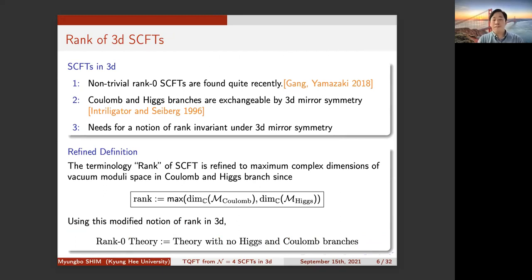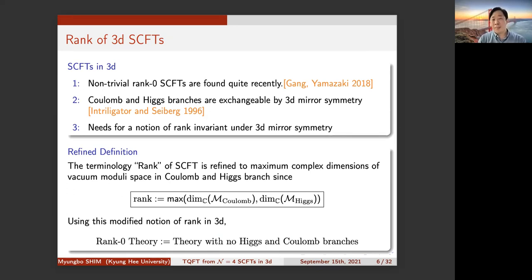In 3D, the situation is a little bit different. Non-trivial and simplest rank-0 superconformal field theories were found by Gang and Yamazaki quite recently. And in addition to this, Coulomb branch and Higgs branch are exchangeable by 3D mirror symmetry.